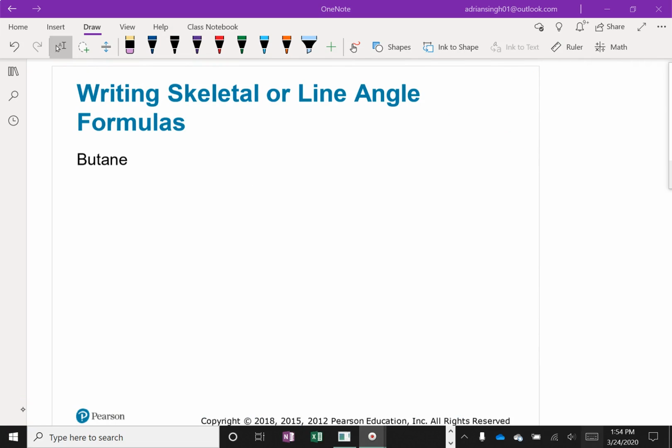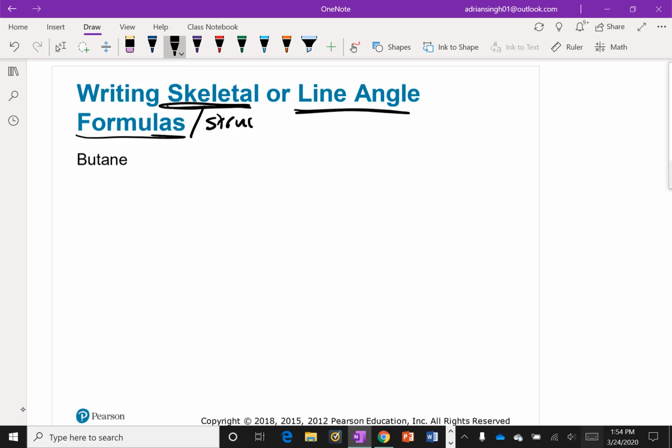Okay, and then a much more efficient way to represent the chemical formulas and the structures for organic compounds is by using what are known as skeletal or line angle formulas or structures. And we're going to use butane as our example again.